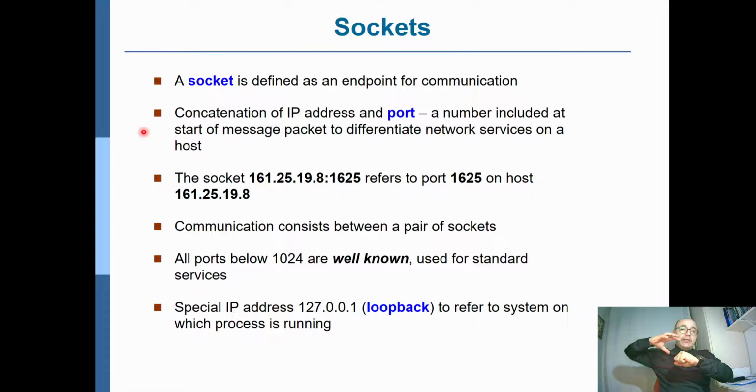And if there's a socket that is attached to this port, then the socket will take this packet and give it to the process to which that socket belongs. So the process will have received this.